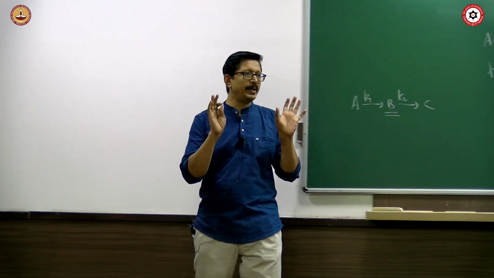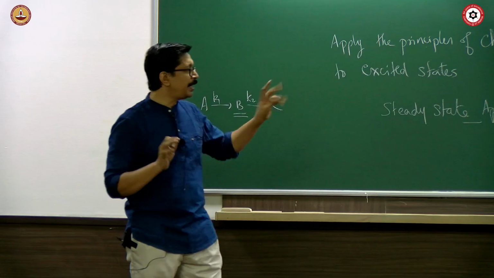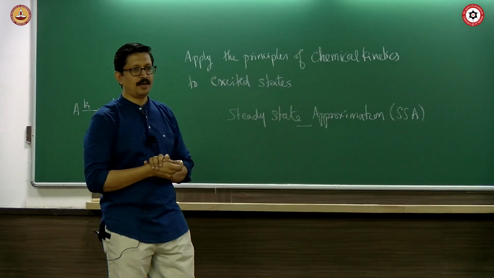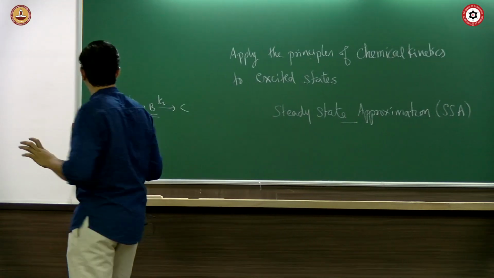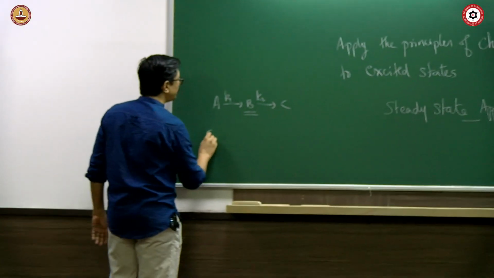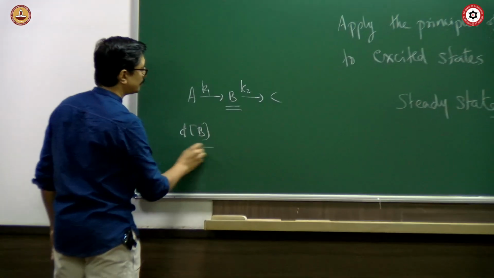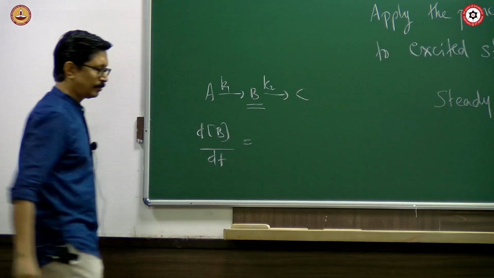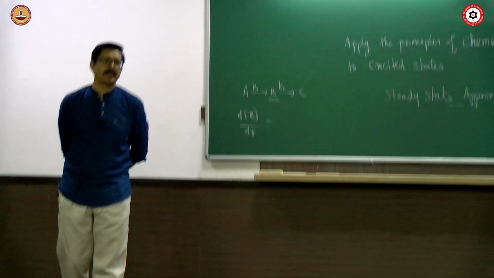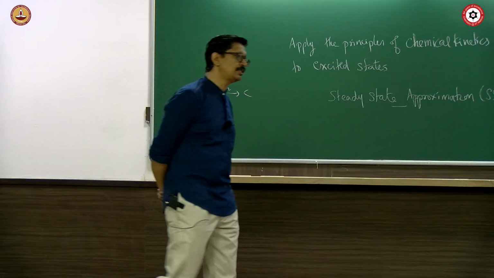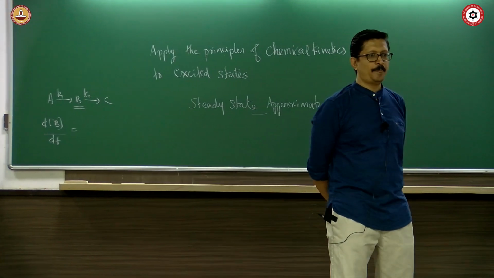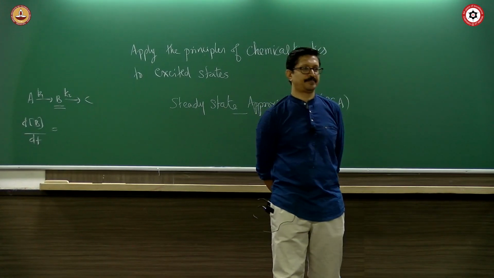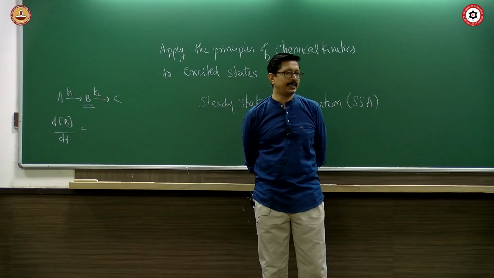Steady state B concentration. That is the idea of SSA. So, if B concentration is constant, what will be dB by dt? dB by dt means change in concentration with respect to time. B concentration is constant. So, what will be dB by dt?